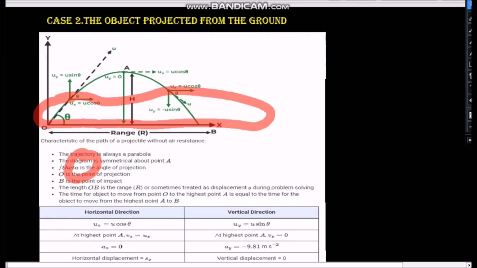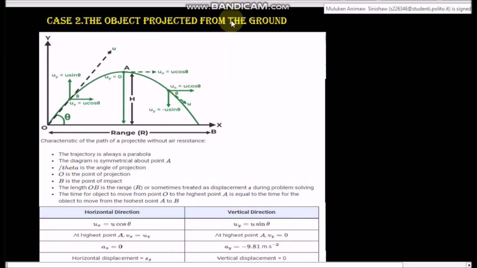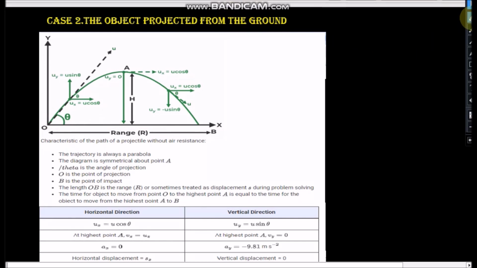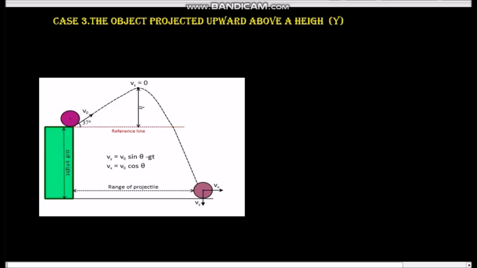when the object is projected from the ground. That means directly from this side to this, projected from the ground, unlike the previous one from a certain height horizontally. The third case, when the object is projected upward above a height.